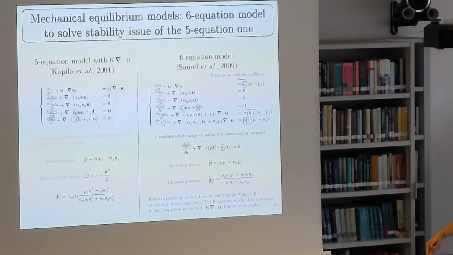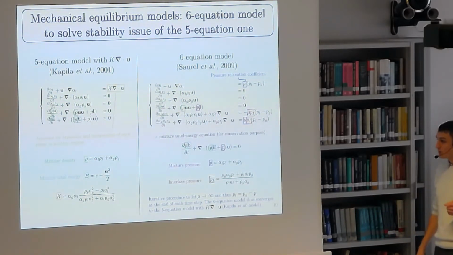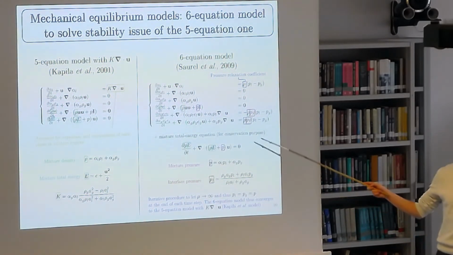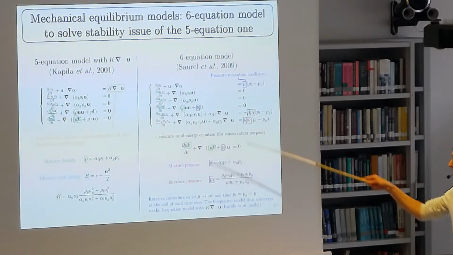So you have the same results, but the good thing is robustness. This model is super robust, it almost never crashes. This was a way to compute the capillary model, in 2009.